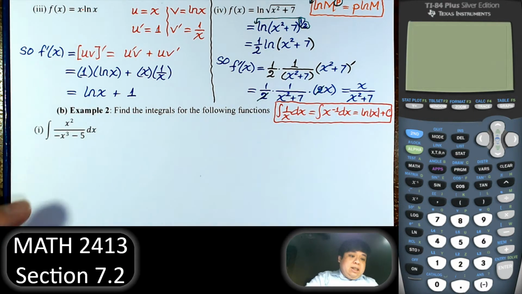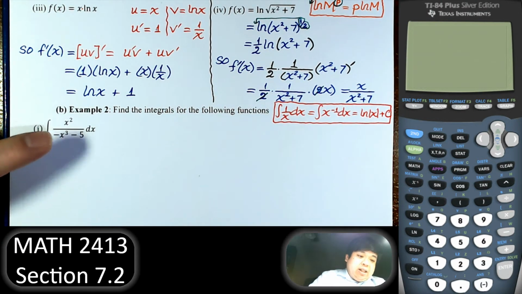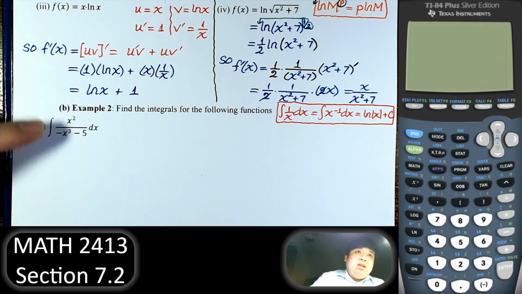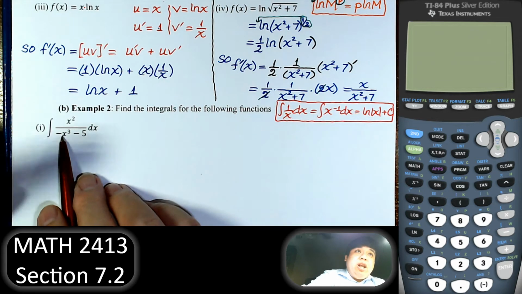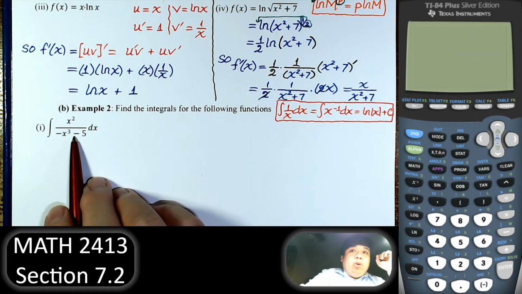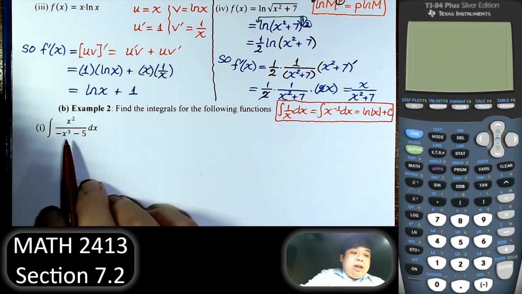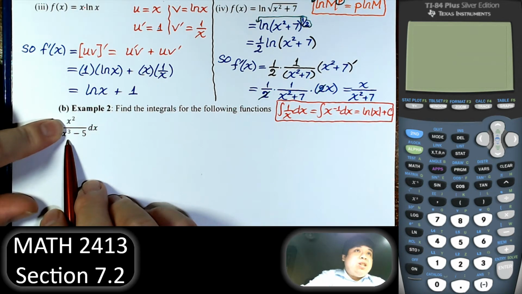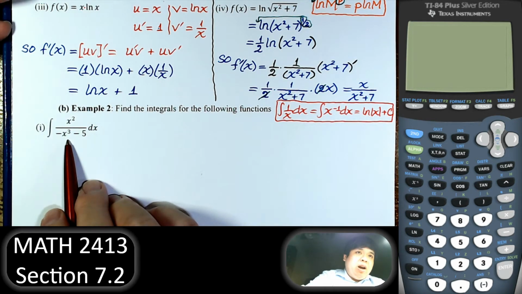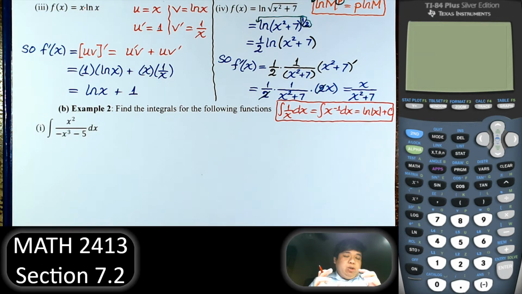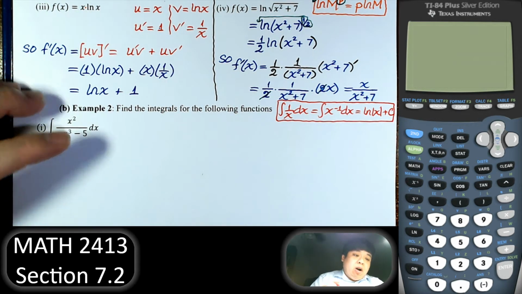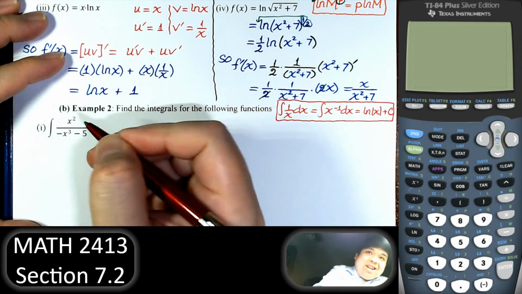Well, in this case it looks like we will let u equal the denominator, because the derivative of x cubed is x squared, which resembles the rest of the problem and could be simplified. Whatever we let equal u, we take the derivative, and the derivative should cancel with what's left of the problem, which is x squared.